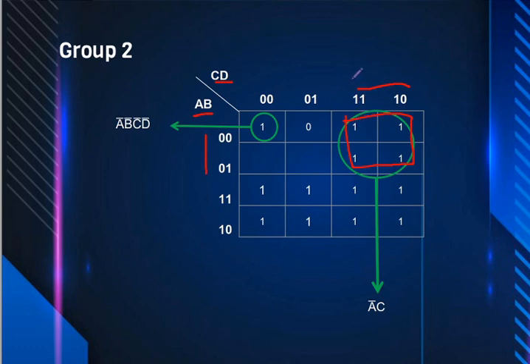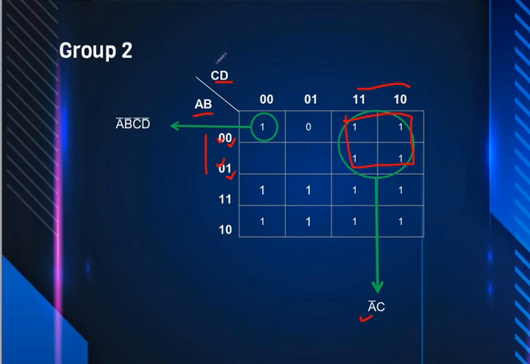So first we will take A, B. What is the A value in both? 0, 0. So it's common, so we will take this. Because it is 0, we will take A complement. What is B? B here is 0 and 1. So it is not common, so we will not take the B value.